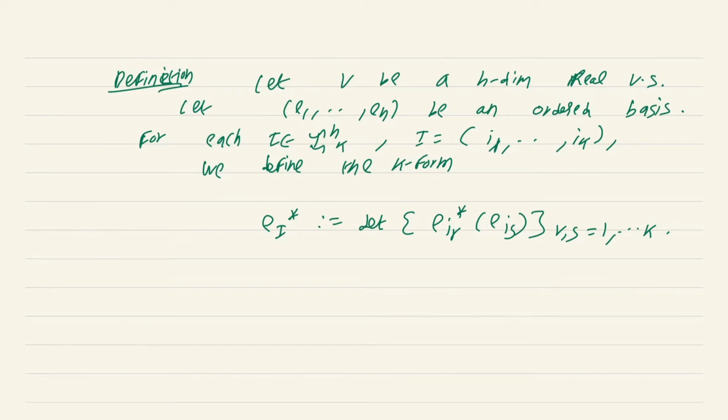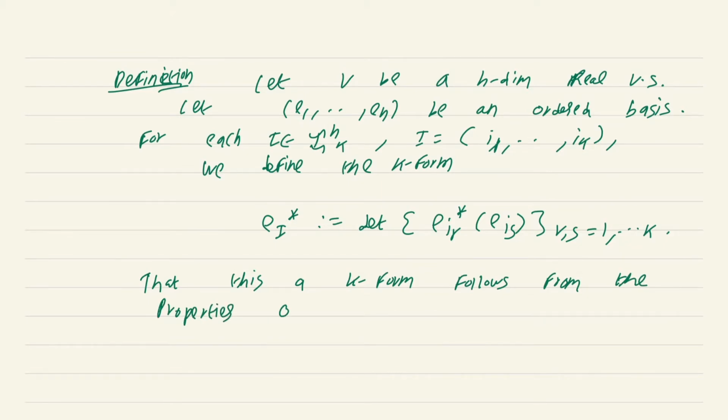Exactly similar to the definition that we already saw for dx_I in the context of R^n. The same thing has been made a bit abstract. That this is a k-form follows from the properties of the determinant.